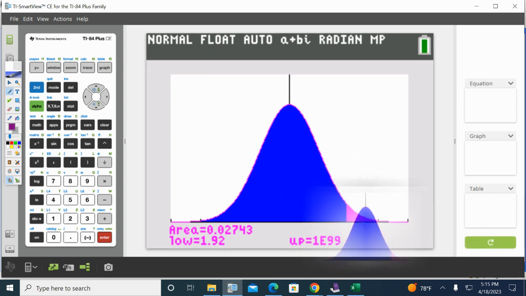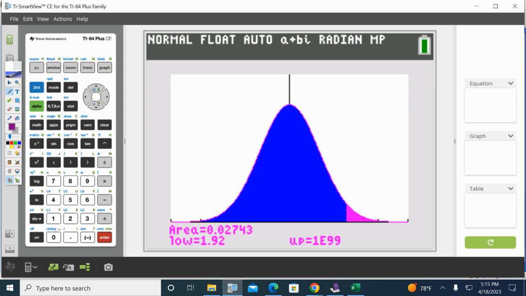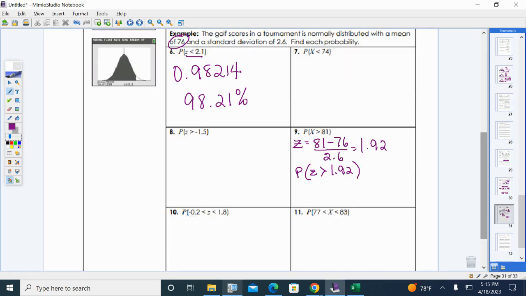This gives us a very small portion. The area in the pink area is represented by 0.02743, which as a percent is 2.74%.